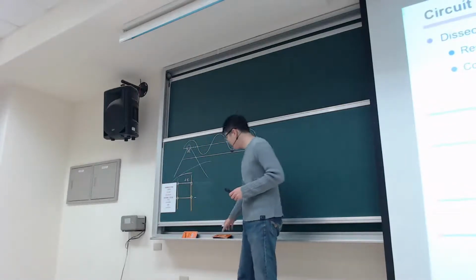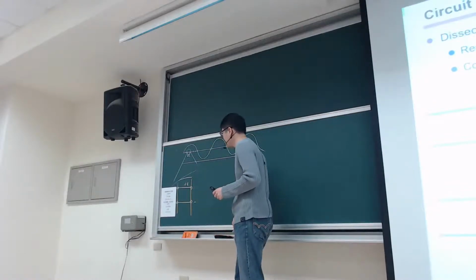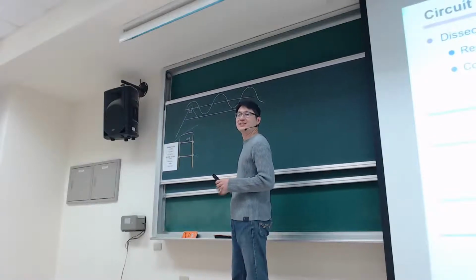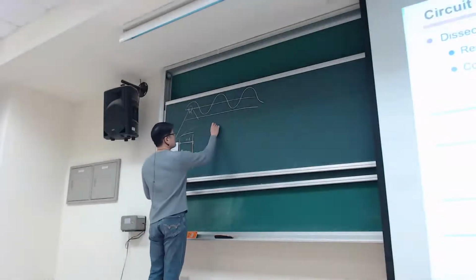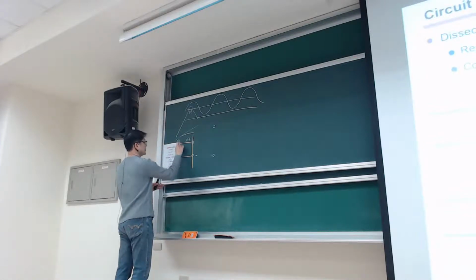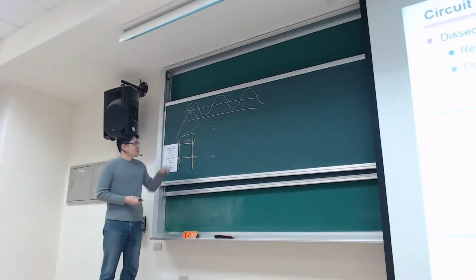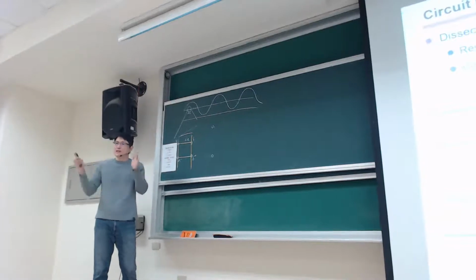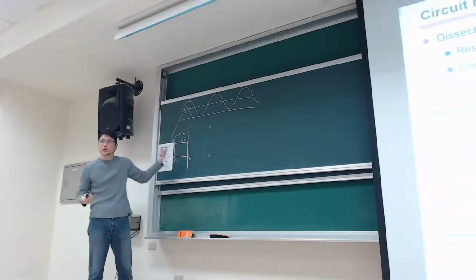Now the question is, okay, so we understand the principle, we understand the philosophy. How do we start? For each differential segment, I'm using the wording differential because I want to dissect a long transmission line into a lot of shorter segments.